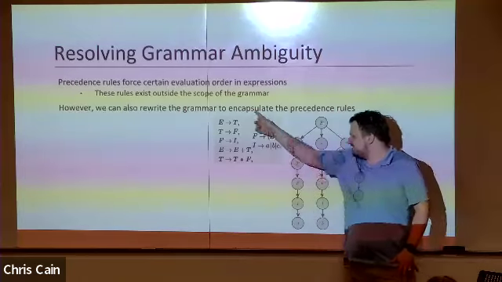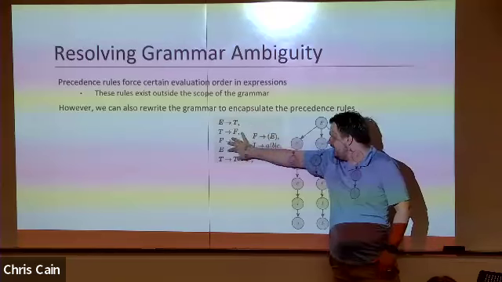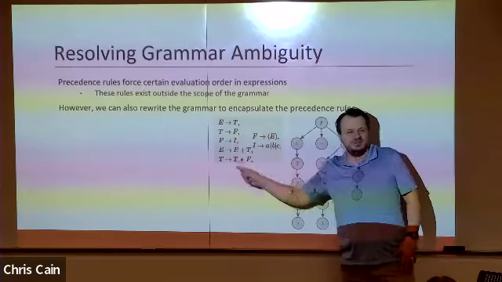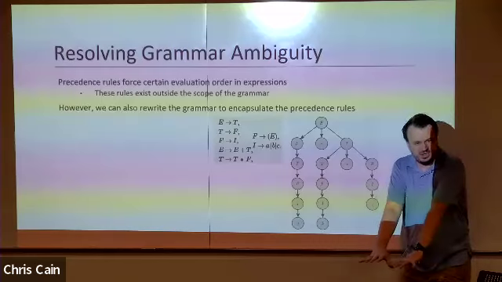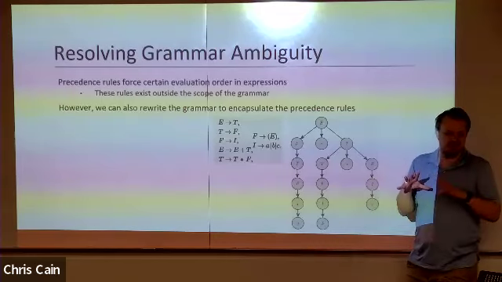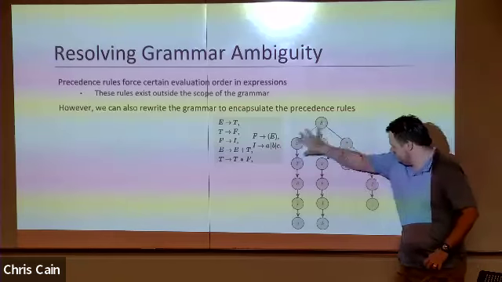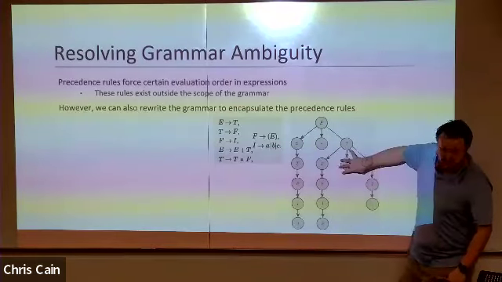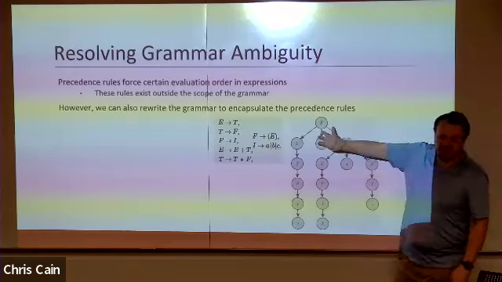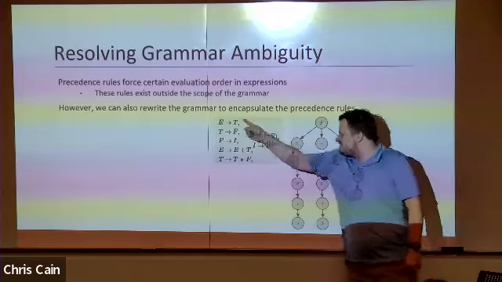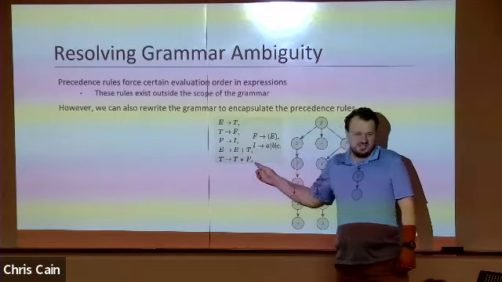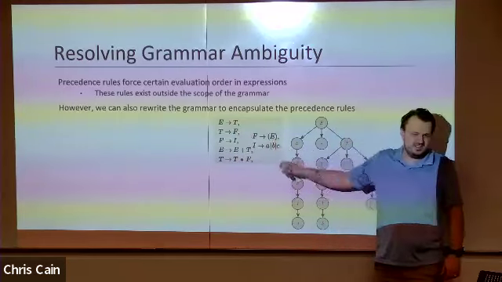So this precedence means that you want to add a layer or a step for each possible order of operations, where the deeper ones are the higher precedence and the shallower ones are the lower precedence. And that way, when you construct this tree, the deeper ones are going to be the higher precedence, and the shallower ones are going to be the lower precedence ones. And the deepest order of operation in here is this parentheses.